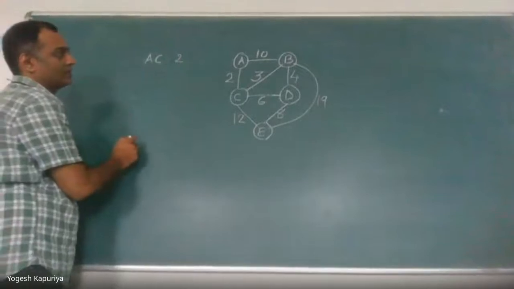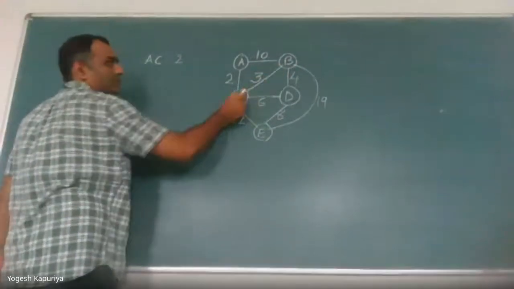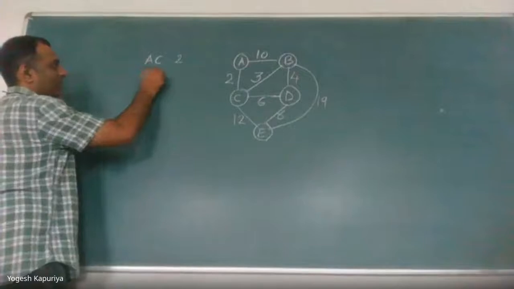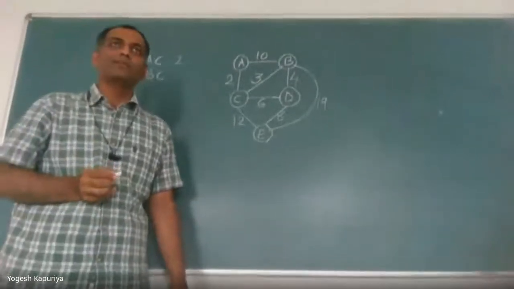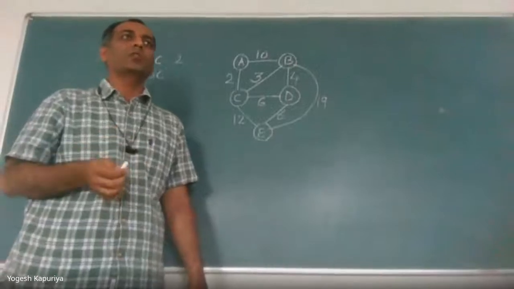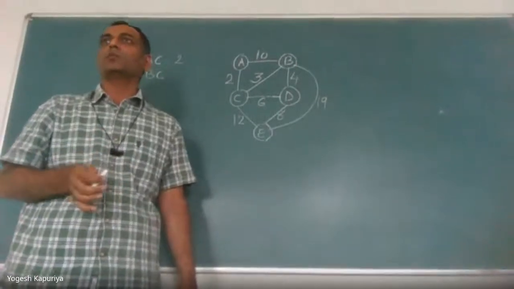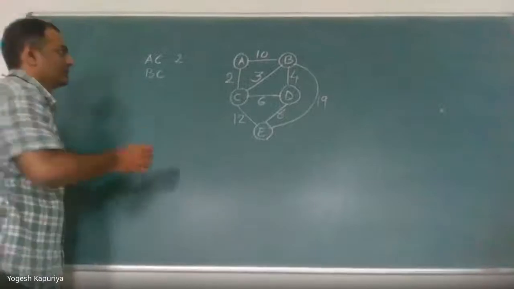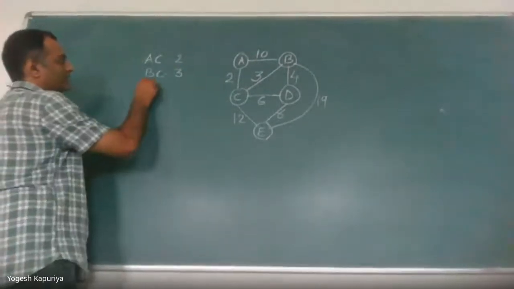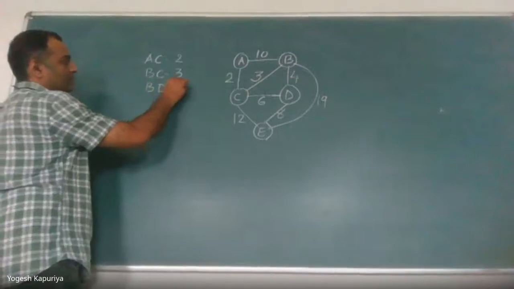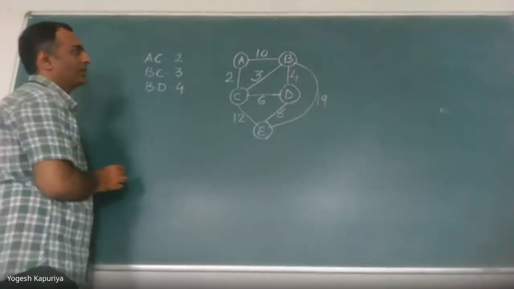Next is CB, whatever you say. Remember, it's an undirected graph. So whether it's an edge BC or CB, it doesn't make any difference. So BC, which has weight 3. Next is BD, weight is 4.